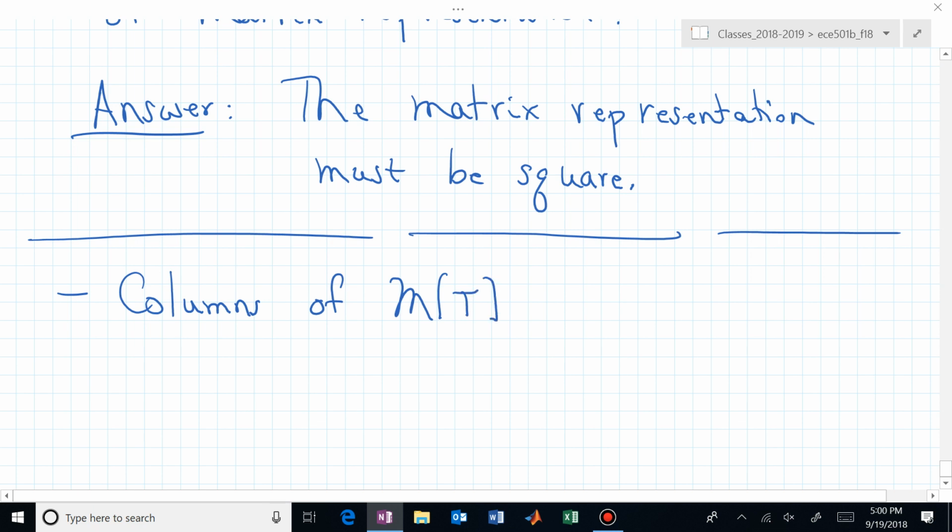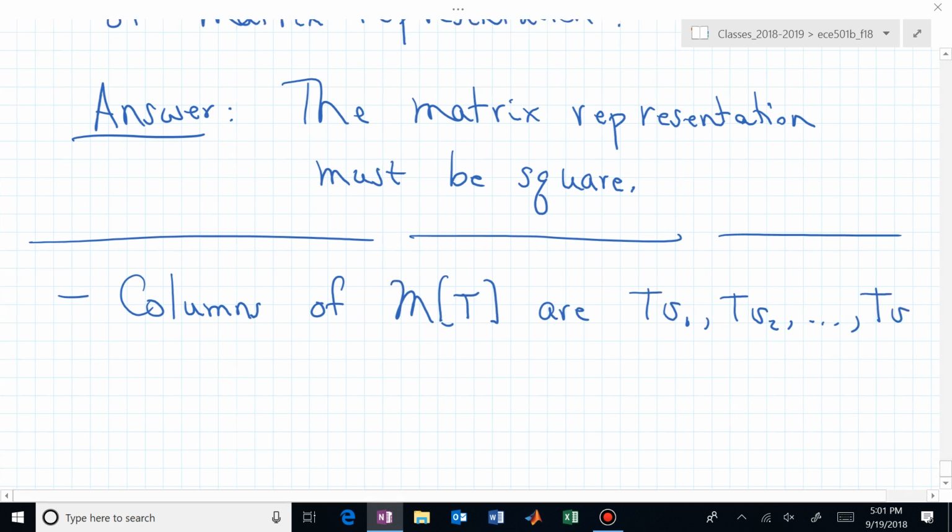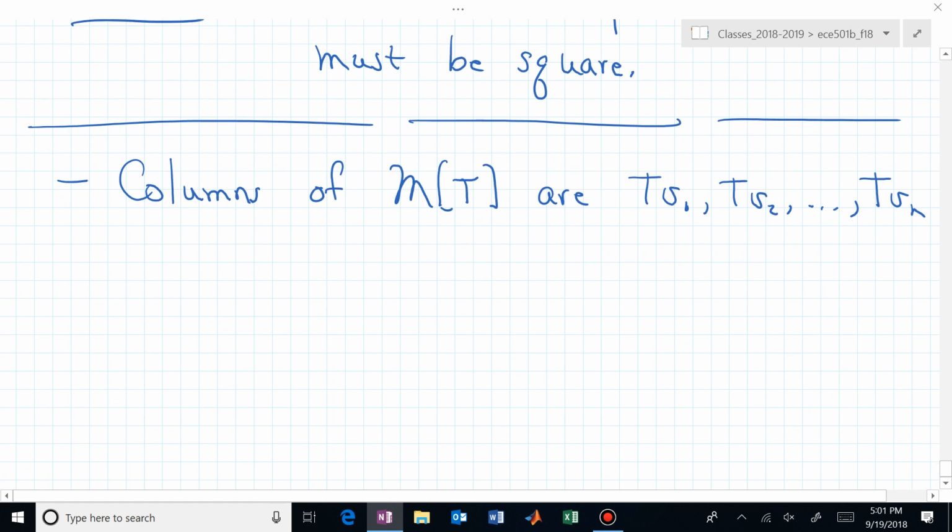The columns of this matrix representation of T, if we now said TV1, TV2, TVN, the columns of that matrix representation are these, the action of T on V1, the action of T on V2, but how do we represent those columns? What do those scalars mean, or what are those scalars doing?